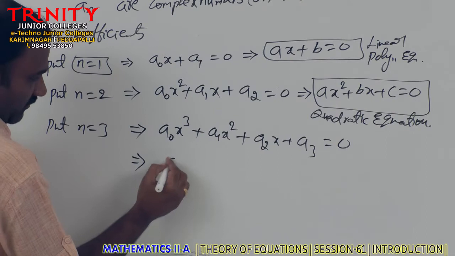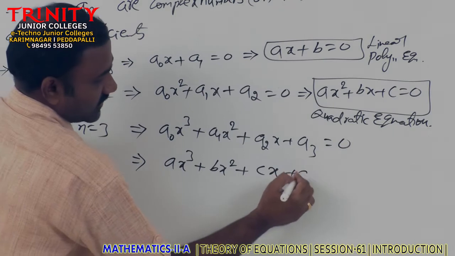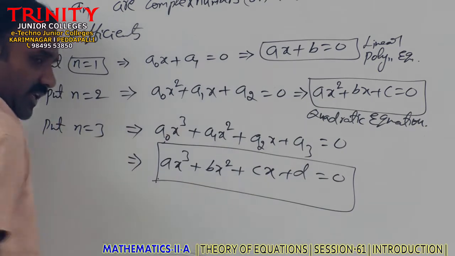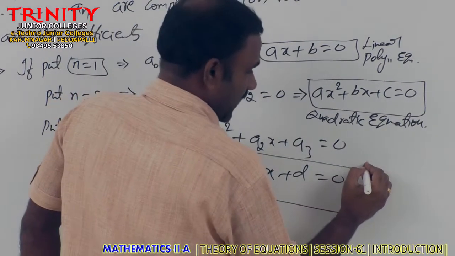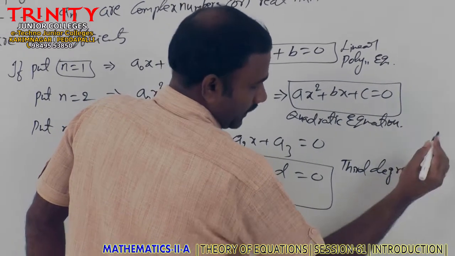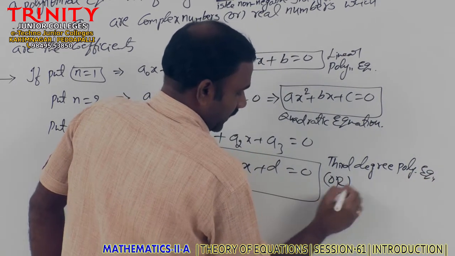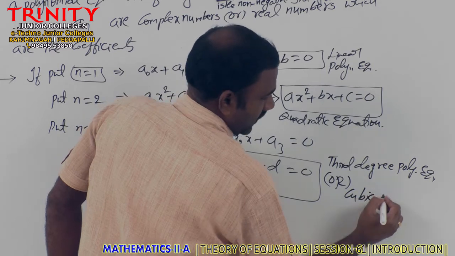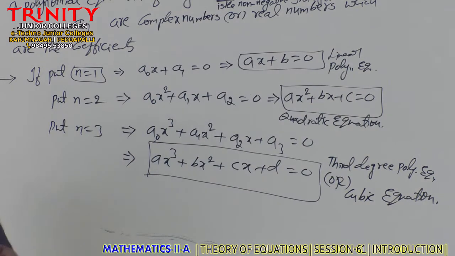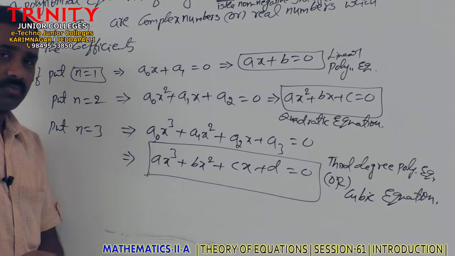Then we can write it in the standard form ax cube plus bx square plus cx plus d equal to 0, which is called a third degree polynomial equation or a cubic equation. Third degree is nothing but a cubic equation. ax cube plus bx square plus cx plus d is equal to 0 is a cubic equation.